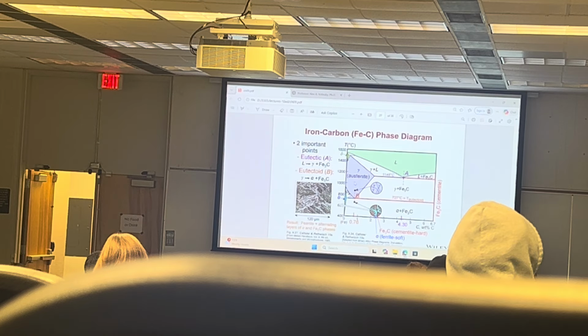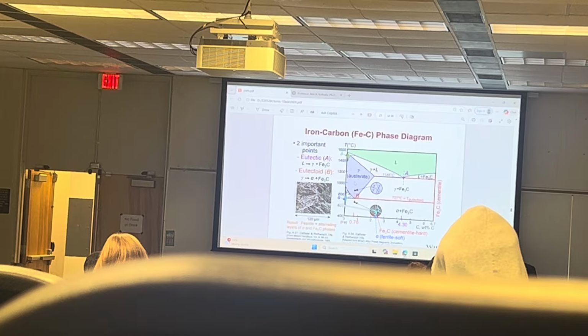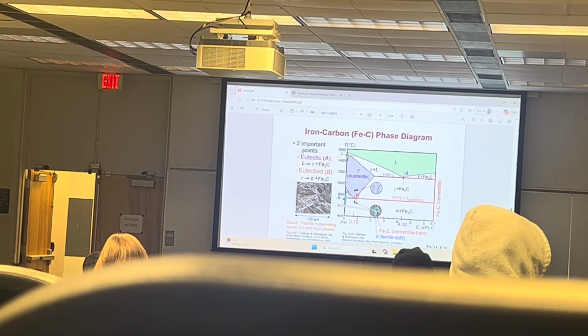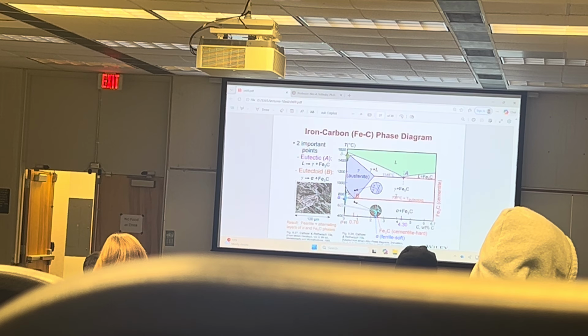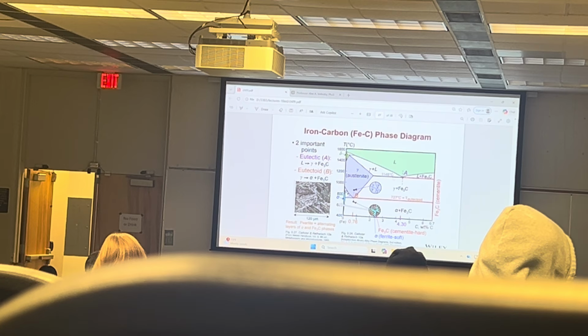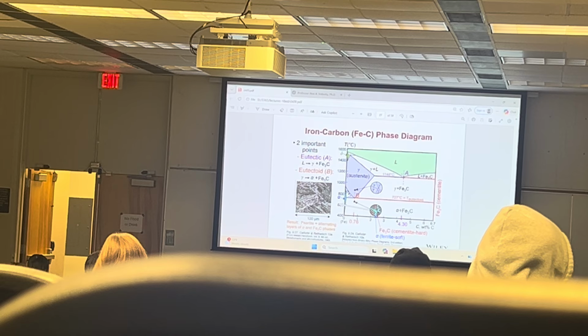And this is the famous iron-carbon phase diagram, which we're going to spend a lot of time on. There are two important reactions. There's the eutectic reaction here, which happens at 1148, and then there's a eutectoid reaction that happens at 727. So in the eutectic reaction, we are forming the gamma phase, the austenite phase, gamma plus Fe3C.